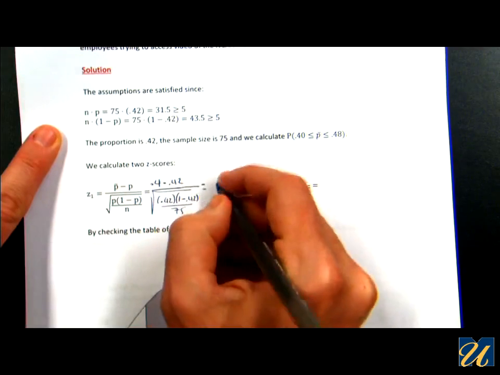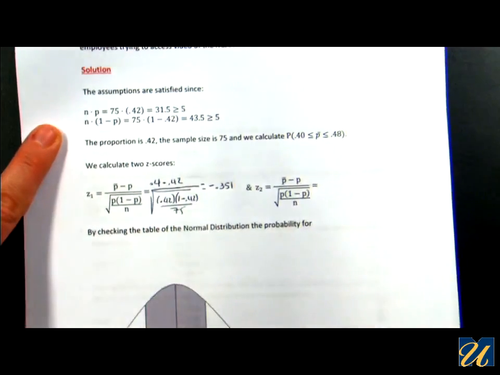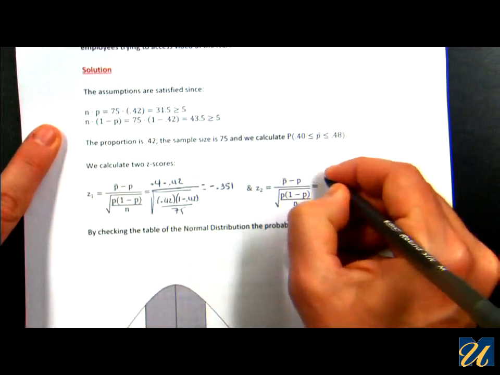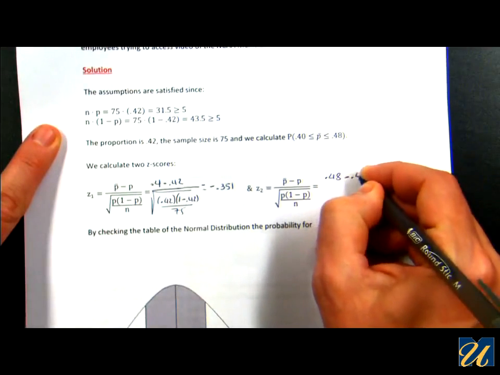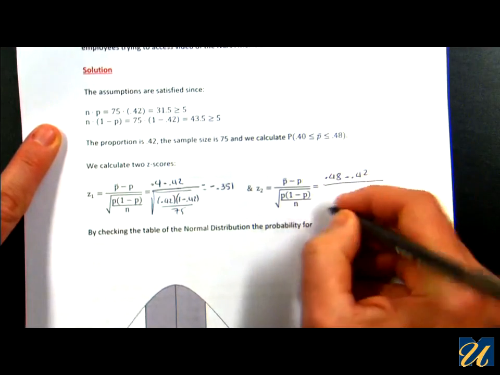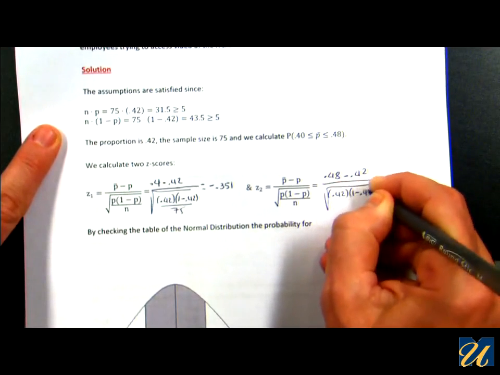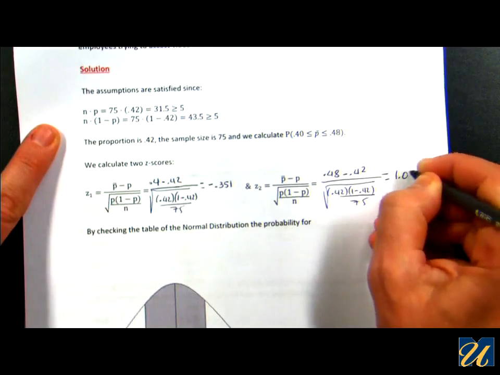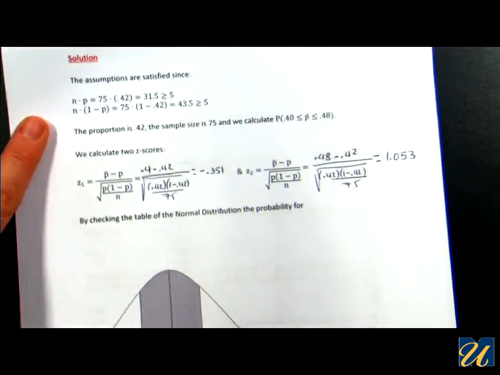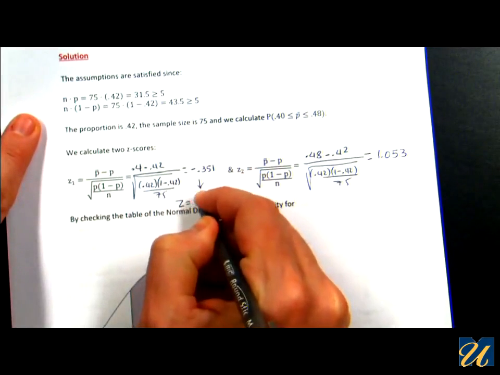This will be negative 0.351. For z2, we're going to do 0.48 minus 0.42 over the square root of 0.42 times 1 minus 0.42 over 75, and this is going to be 1.053. So we will look up the z-score for negative 0.35.